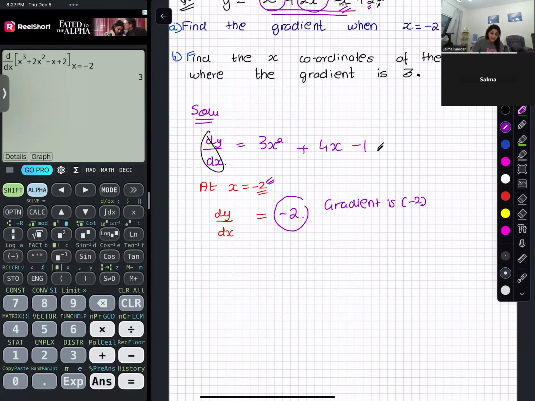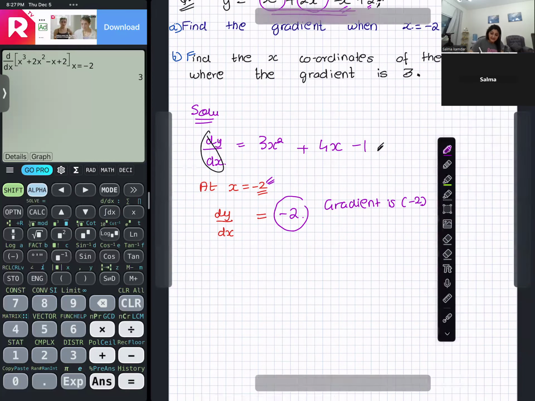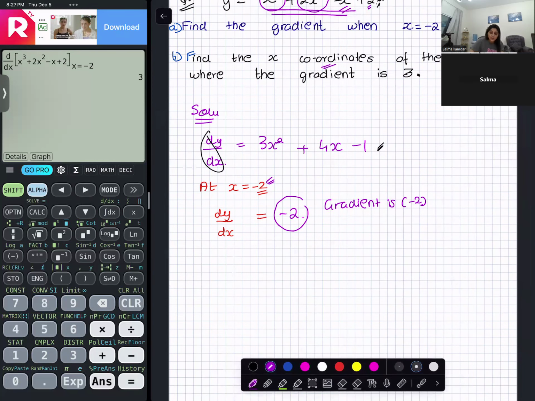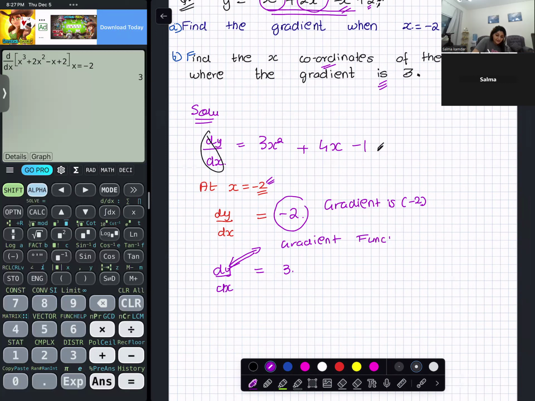Now, our B part says that I want to find the x coordinates of the point where the gradient is 3. That means they are telling me that my dy by dx is 3. This is nothing but my gradient function. So my gradient function is 3.